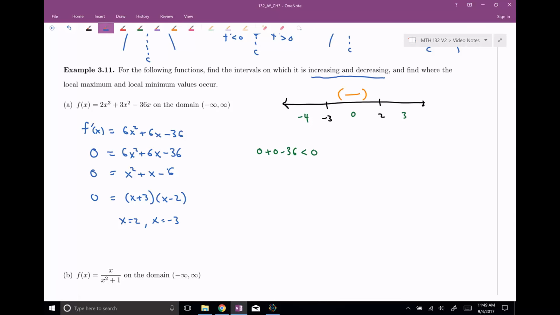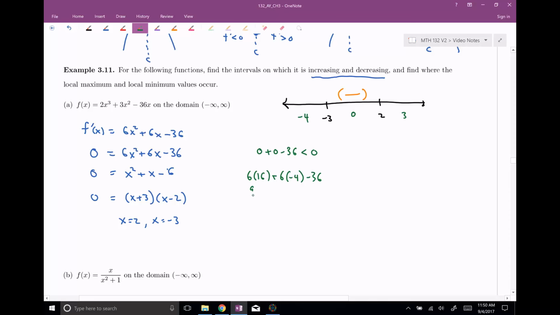Okay, how about if I plug in negative 4? So I'm going to have 6 times negative 4 squared, that's going to be 16. And then plus 6 times negative 4, that would be negative 24, minus 36.